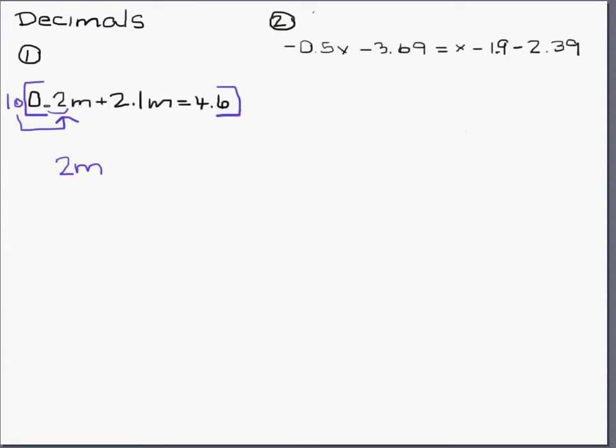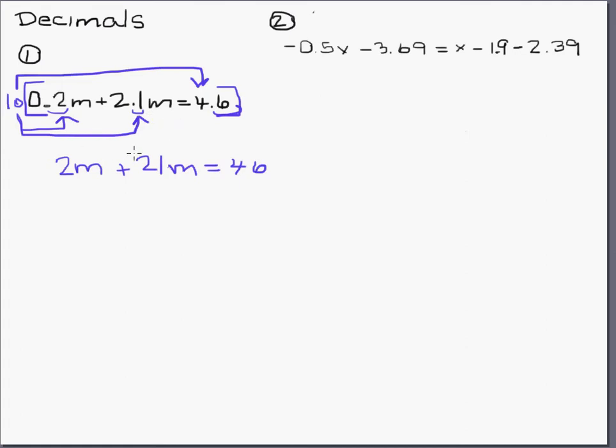Then I take the 10 and multiply it times 2.1m, and again it moves the decimal place over one position, and we get plus 21m. And finally, I take the 10 and multiply it times 4.6, and it also moves that decimal place over one, and so we get equal to 46.